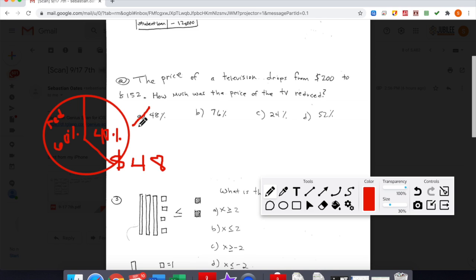All right, so we're going to find out exactly how much it was reduced. So we're going to multiply 200 times 76%.